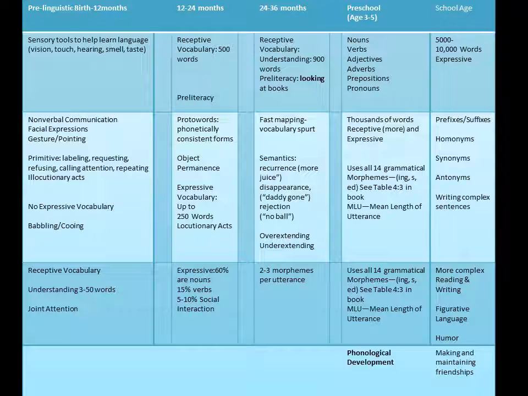So back to 24 to 36 months, that receptive vocabulary or understanding is at about 900 words. And those pre-literacy skills, they really are looking at the books. They may be pointing to pictures as the parents read the story. They may have favorite stories. They begin to recognize some words.